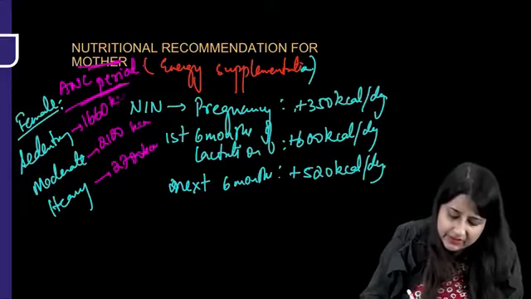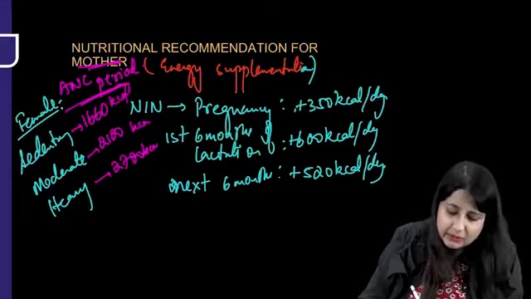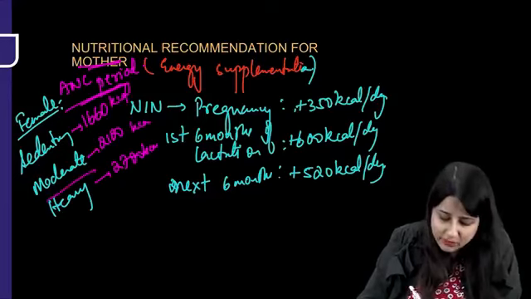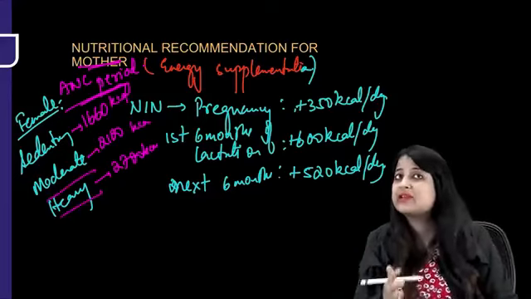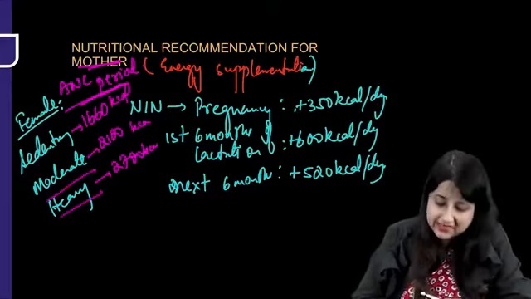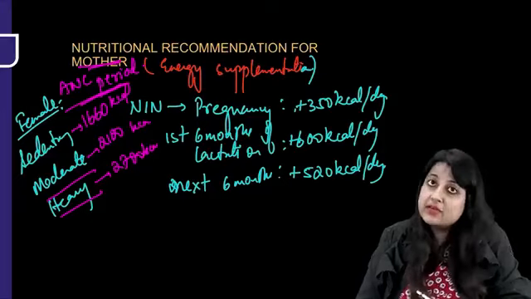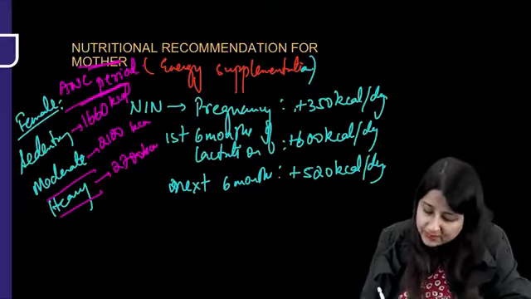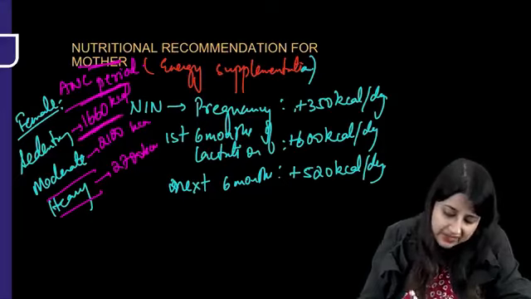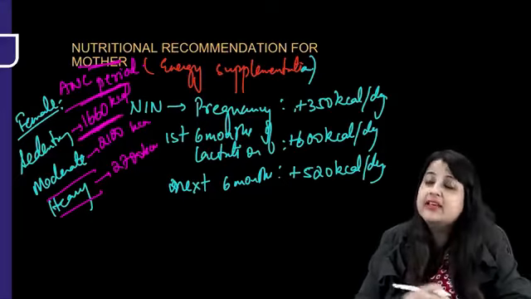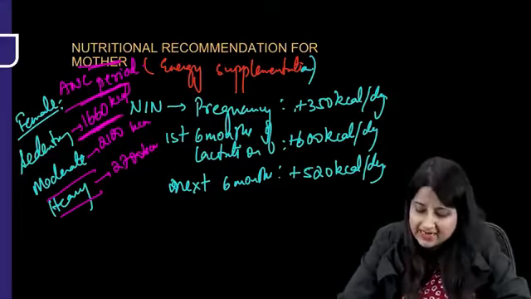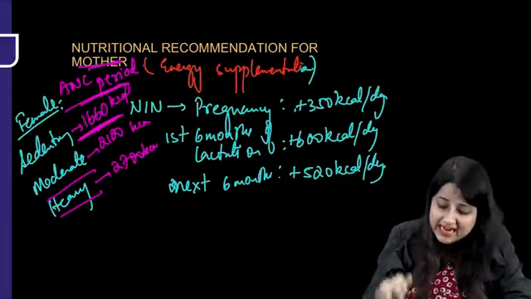The requirement of moderate and heavy worker females is the same as that of sedentary and moderate worker males. So when I say plus, it has to be added to the sedentary requirement: 1660, to which you add this plus 350. But ideally, here I would like to tell you one more thing.